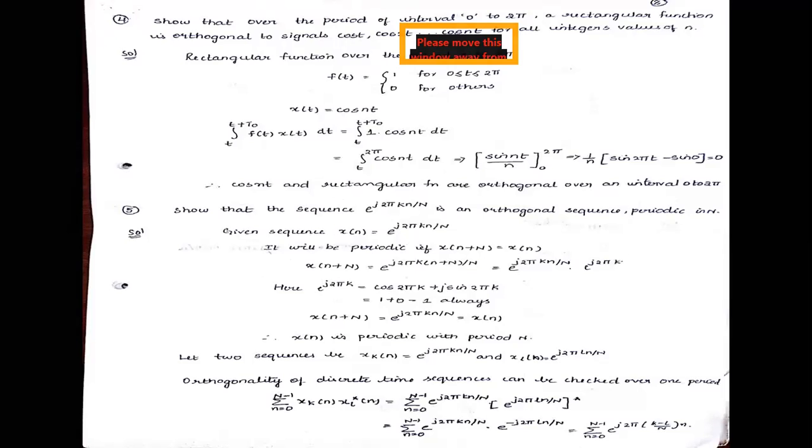Now the bases are the same, so we can add the powers. Sum of n equal to 0 to N minus 1 of e power j 2 pi, common, (k minus l) small n, whole divided by capital N. That is the function we got. Let's see the next one.